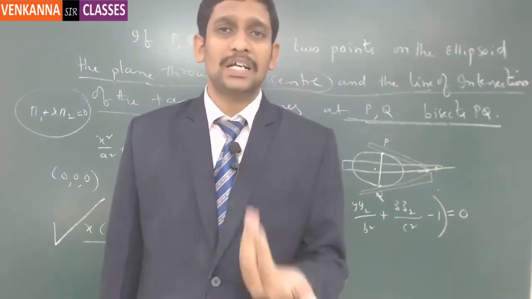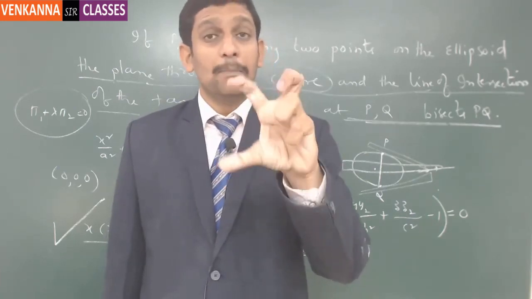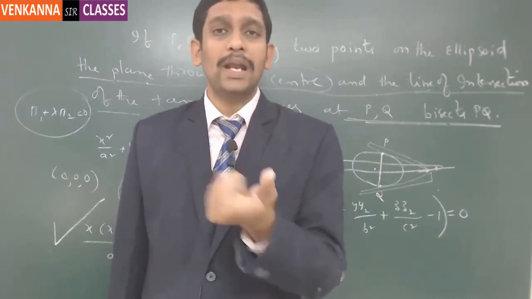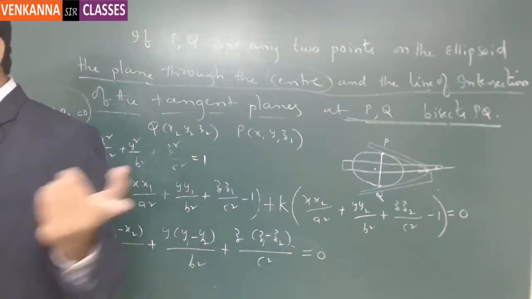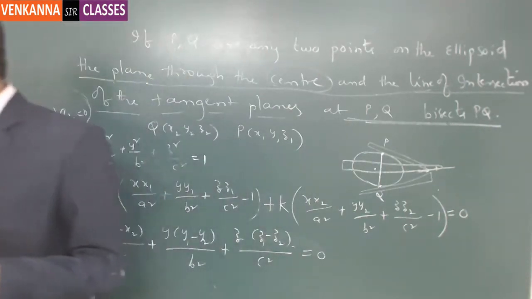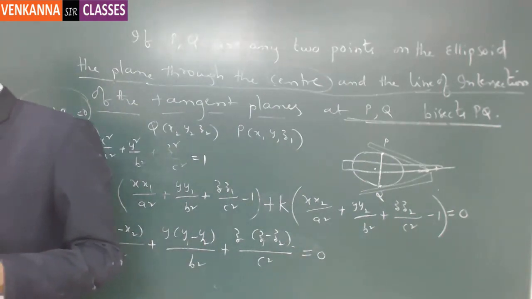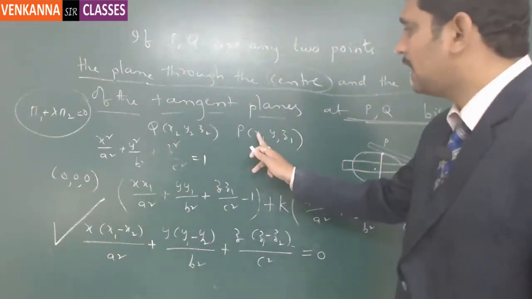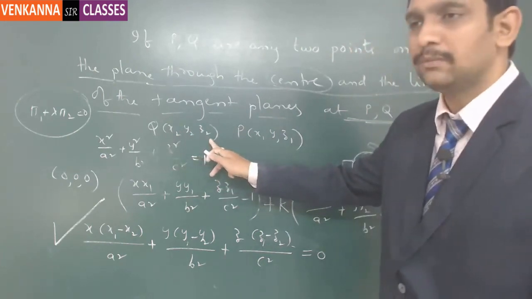Accepted? Right. And we discussed the approach of how we show that the plane is bisecting the line segment. As per the discussion, we agreed that if you take the midpoint of PQ, that midpoint lies on the plane, so that it will bisect the line segment. Agreed? So this is the point x1, y1, z1. This is the point x2, y2, z2.